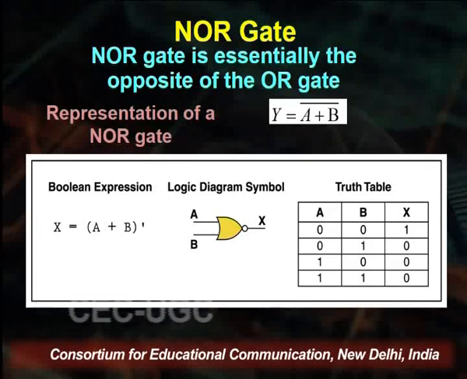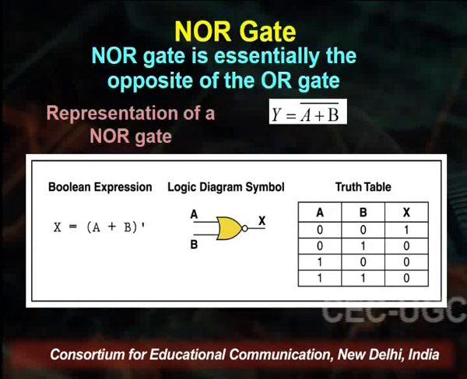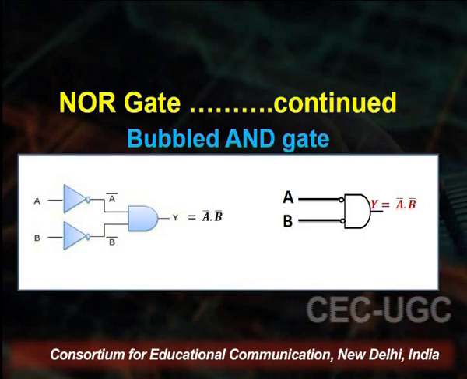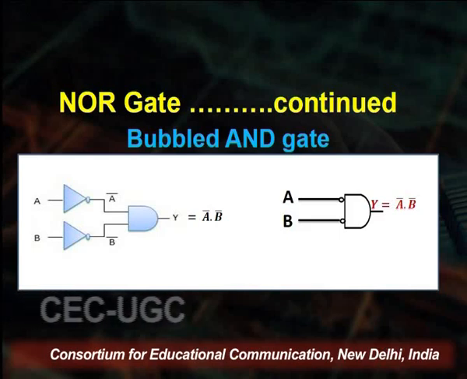So, typically for an OR gate with 2 inputs, 3 inputs, 10 inputs, whatever may be the case, it will give a high output only when all the inputs are 0. Therefore, for NOR gate we will have the typical Boolean expression as y is equal to a plus b whole complement.